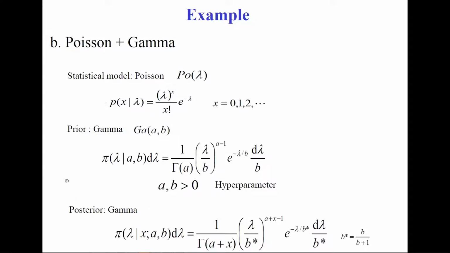Using this gamma distribution as a prior distribution, we obtain the posterior distribution in the following form. This is again a gamma distribution, but we replace hyperparameters a and b with a plus x and b star, slightly changed from b. Again, this is a very convenient formula to calculate the posterior distribution for this statistical model.